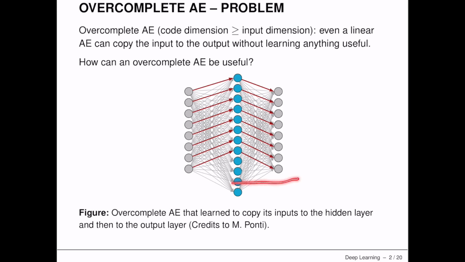We could find a way where we only assign a weight of 1 to these red connections and set all the other weights to 0, and then we would learn an easy identity mapping. And this, of course, would not be useful.